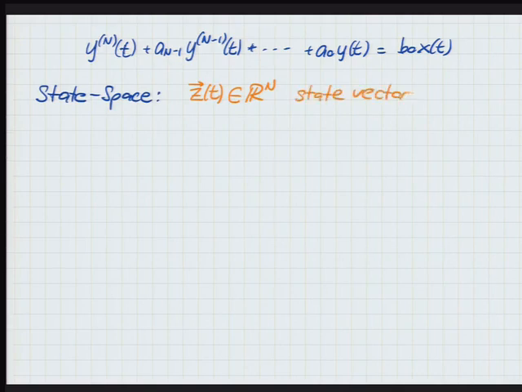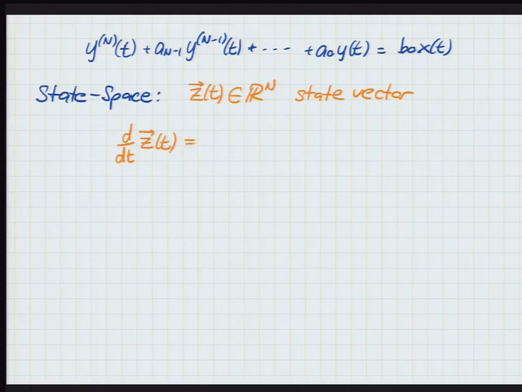And in circuit examples, this is typically inductor currents and capacitor voltages. Then this evolves according to a first order differential equation, but a vector differential equation because z is a vector. So we look at d by dt of z of t. That means take the derivative of each entry in this vector. So z1 to zn, you're looking at the derivatives of all of those.